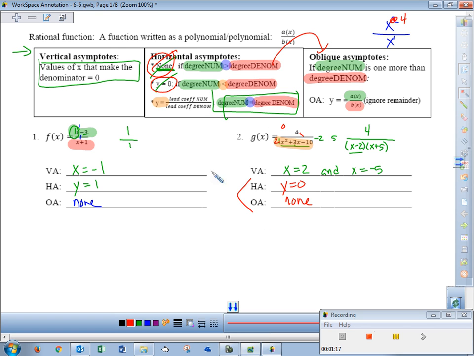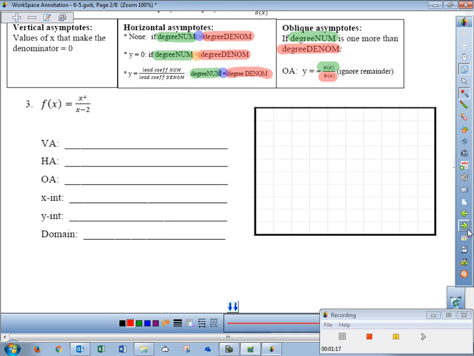So that was like a little setup, a little warm-up before we actually start making a graph of these without even really using our graphing calculator, sort of, kind of. All right, so let's see if we can fill out these three things right here. Vertical asymptote. Question is, does anything really need to be factored here?